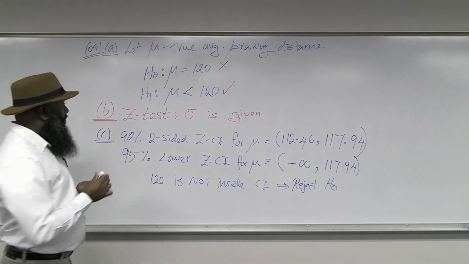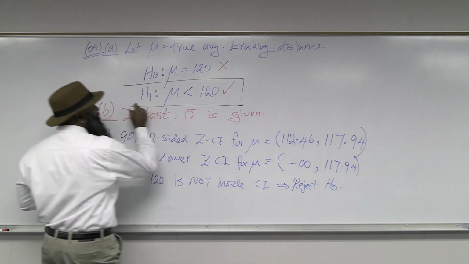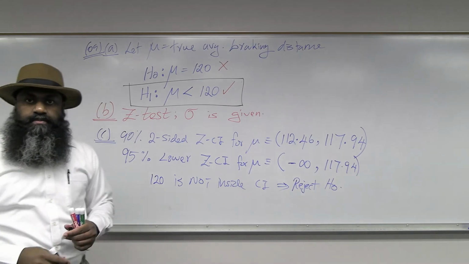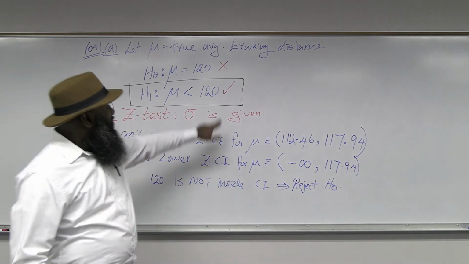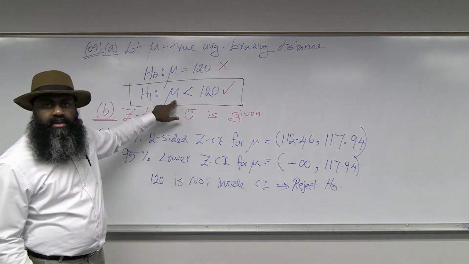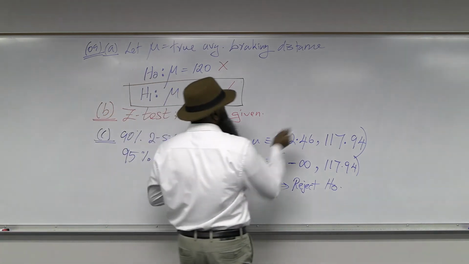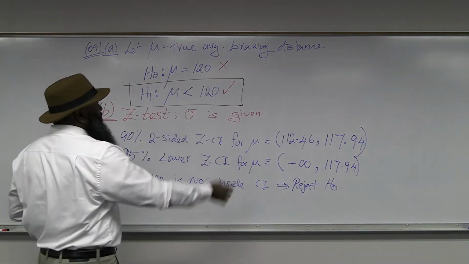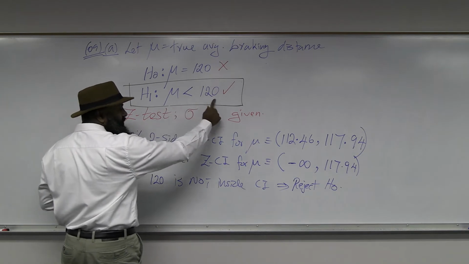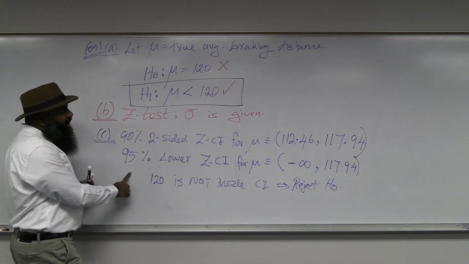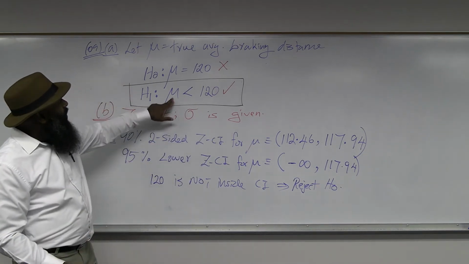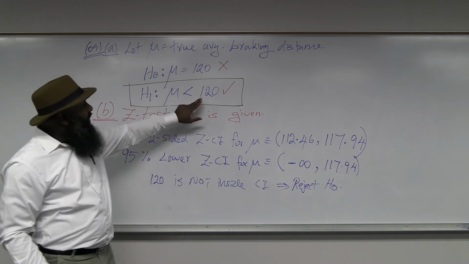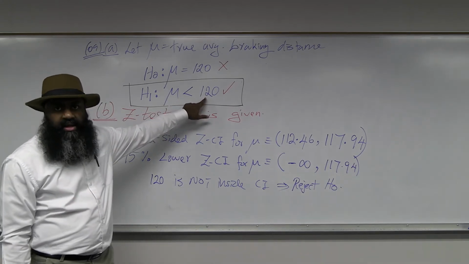And we interpret H1: our data supported this statement. So, interpretation: we have statistical evidence with 95% probability to conclude that the true average braking distance is lesser than 120 feet.